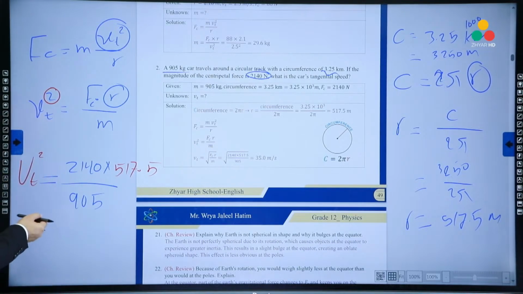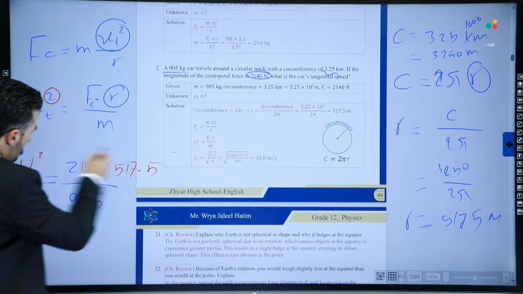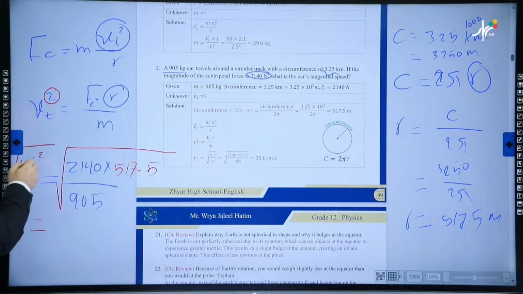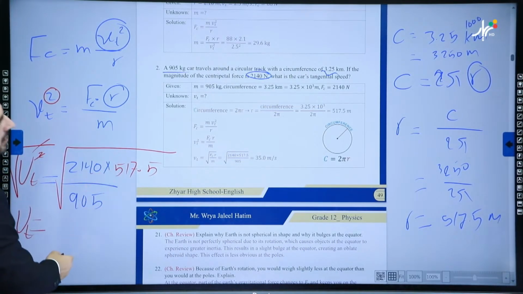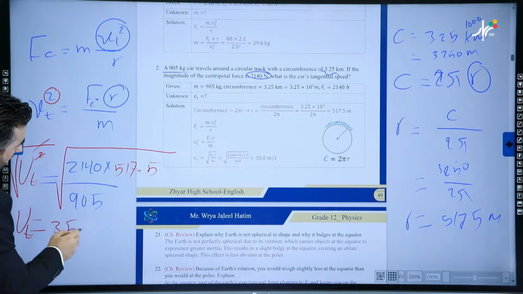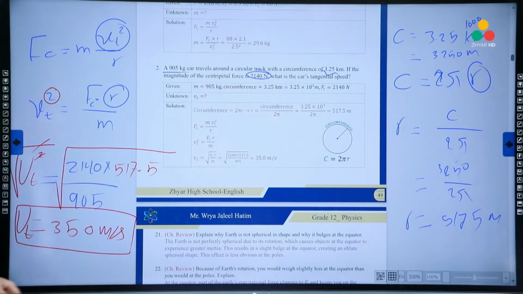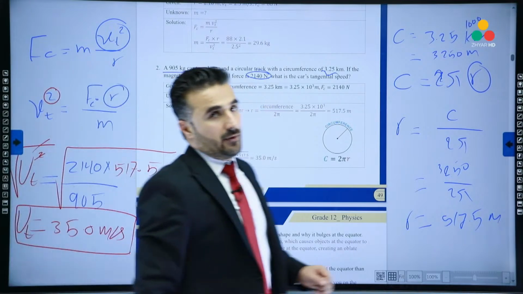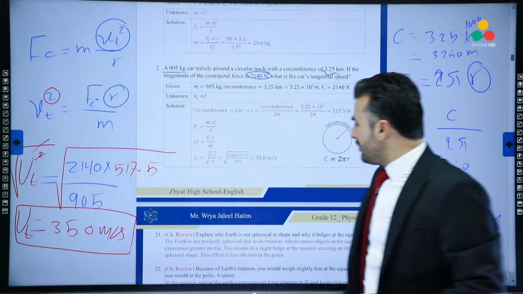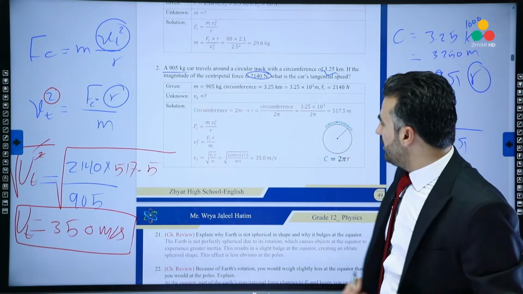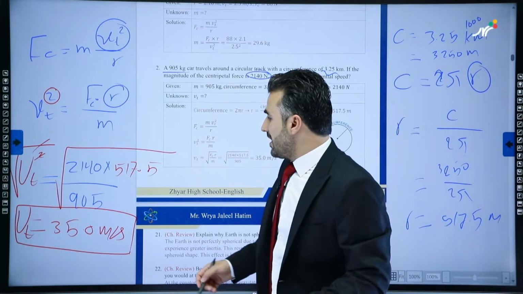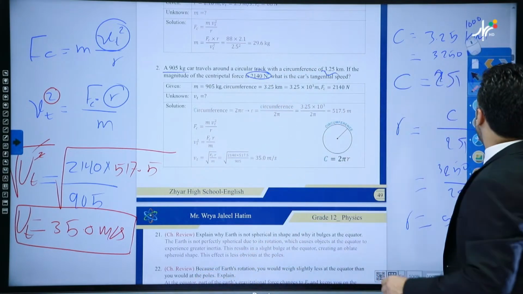We don't want tangential speed squared, so whatever the answer there, you can take the square root of both sides. So the tangential speed equals about 35.0 meters per second, because it is tangential speed. So 35 meters per second.